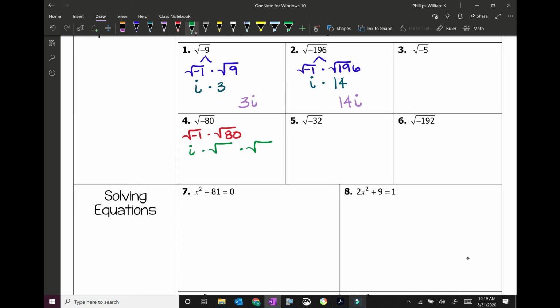The largest perfect square that can go into 80 is 16, and 80 divided by 16 gives us 5. So here we have i times 4 times the square root of 5. We want the real to go in front of the imaginary. So my solution here is going to be 4i root 5.